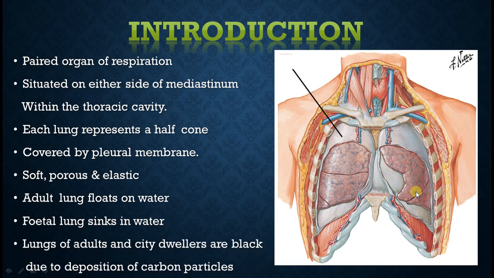Now the lungs of adults: when we are born, the lung is pinkish in nature, but slowly it becomes grey, dark grey or black because of the deposition of carbon particles. Much of the air pollutants and the smoke from vehicles we inhale get deposited on the lungs and thereby give a black appearance.